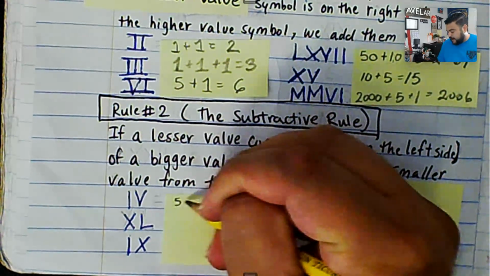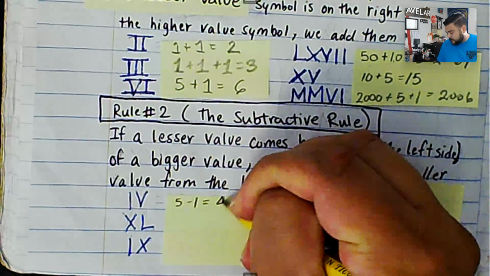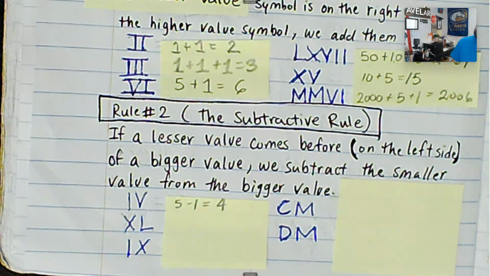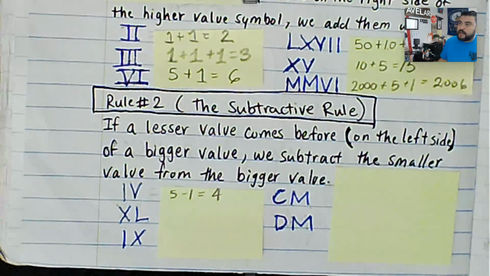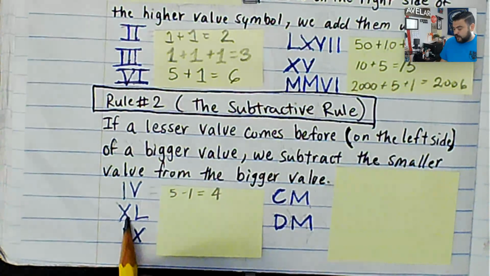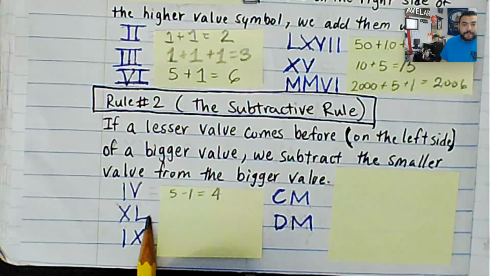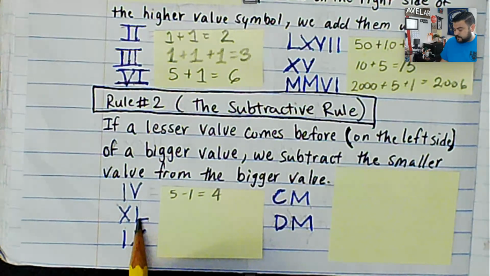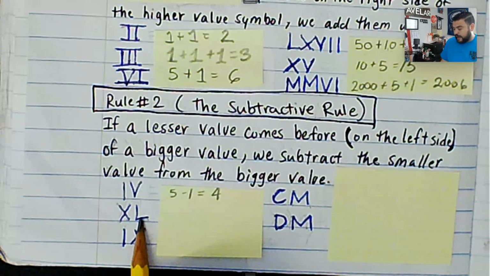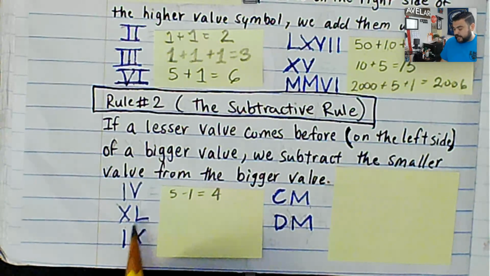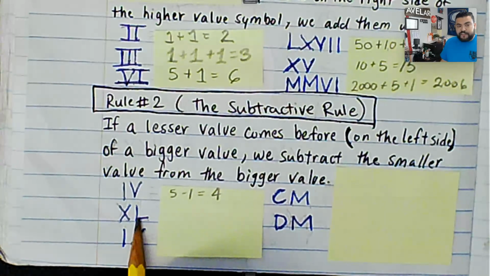So it's 5 minus 1 is 4. So look at the X and L. Which one is the bigger value? L. L is 50. X represents a 10. So we do 50 minus 10.